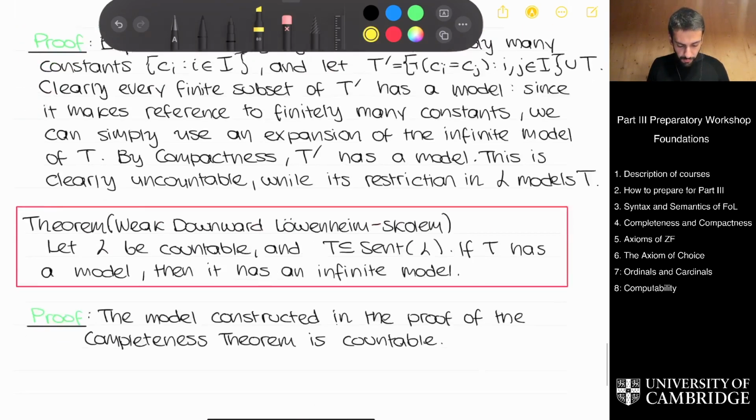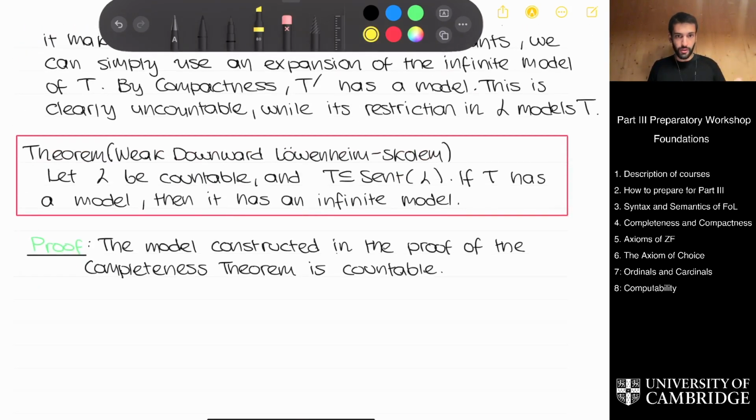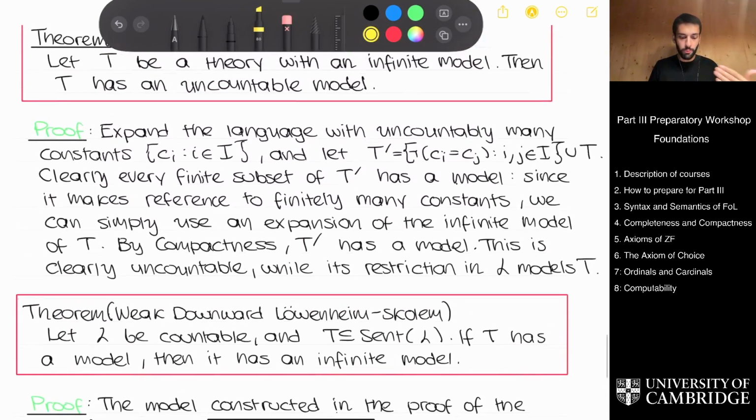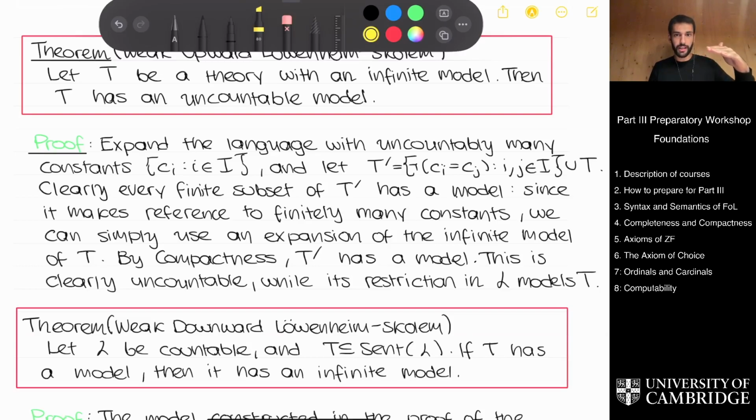Okay. There's also a downward analog. So this one is often called upwards. Why? We simply know that our theory has an infinite model, and we go to models of, in fact, any infinite cardinality, larger than any infinite cardinality that we want.